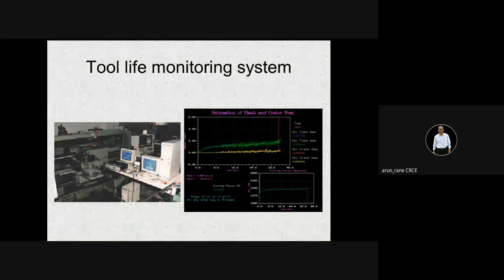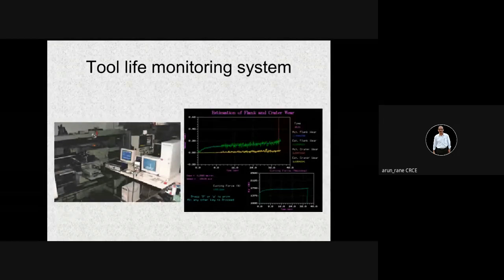Basically, a tool life monitoring system means you are interfacing this tool to the computer. There are transducers here which record the forces, and give an indication of the chatter, the vibration, and the surface finish. It also calculates the wear. So what is the input parameter?